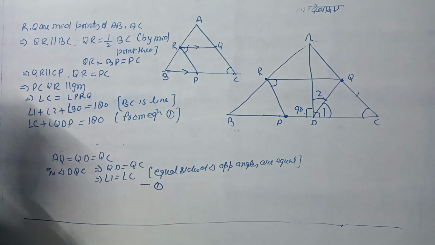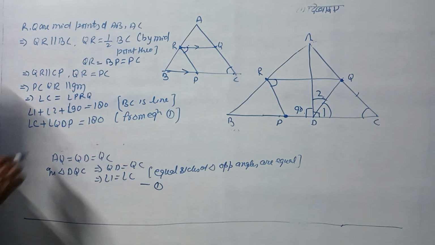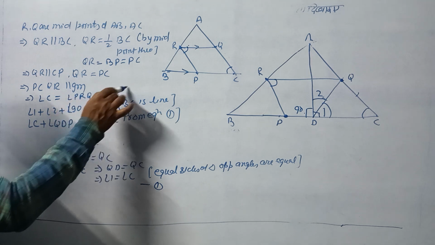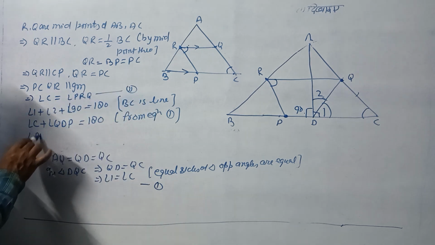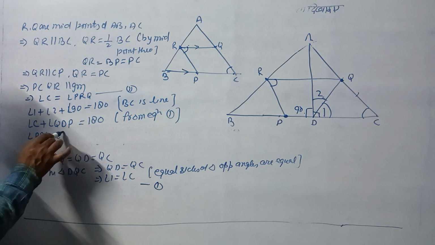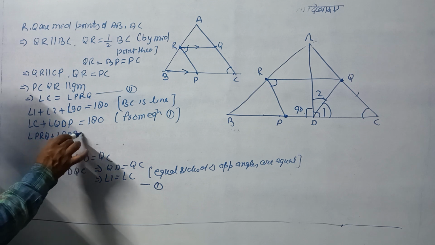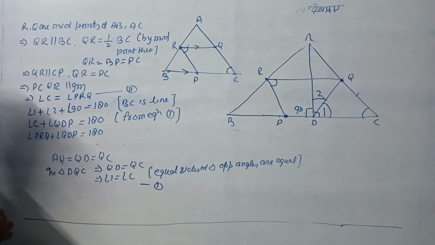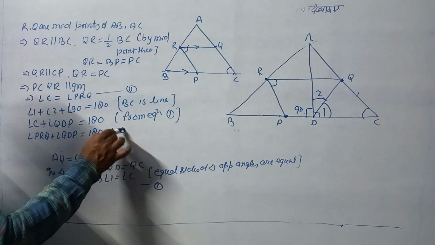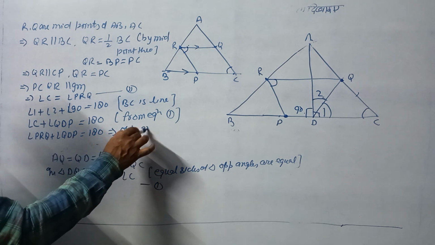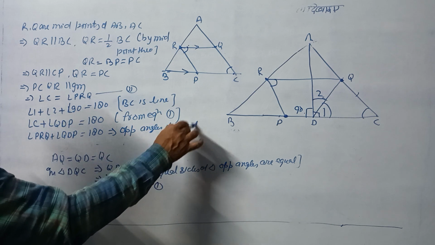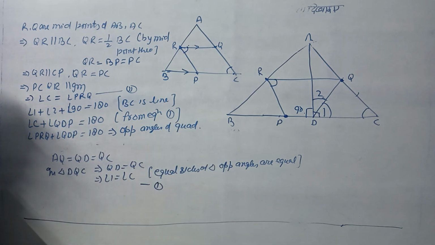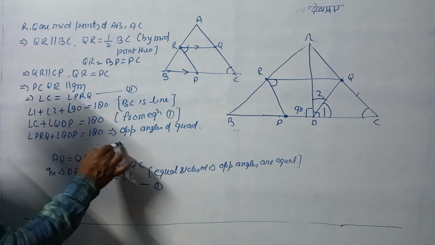Okay, now C can be written as angle PRQ. This is equation 2. At the place of C, put PRQ plus angle QDP equal to 180. That is opposite angles of the quadrilateral.